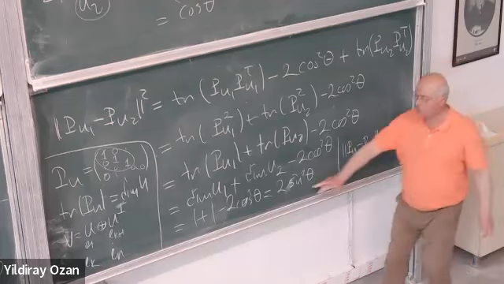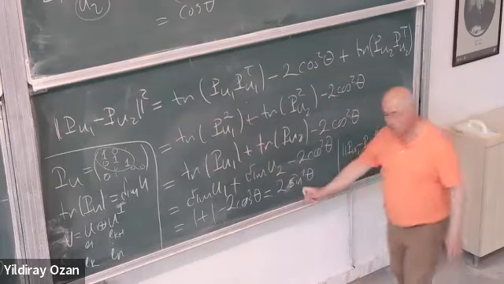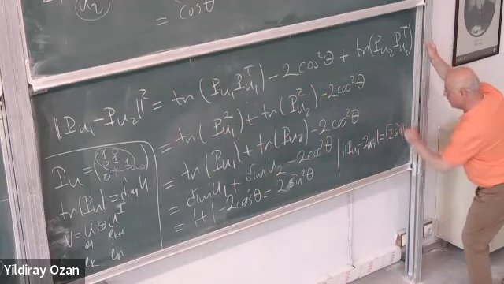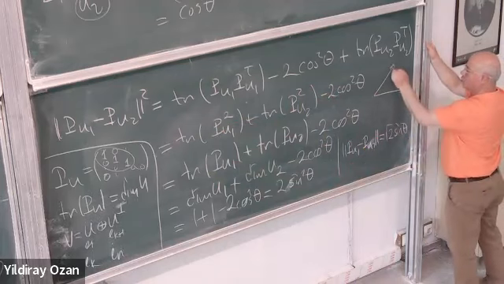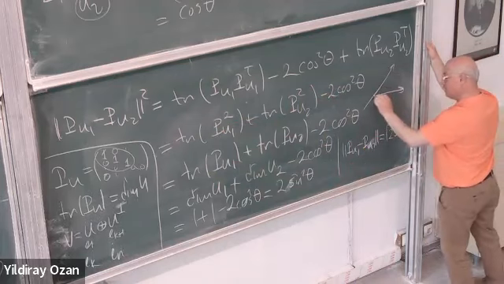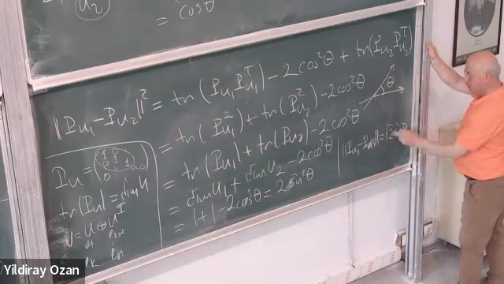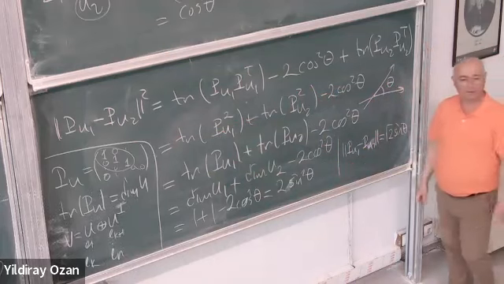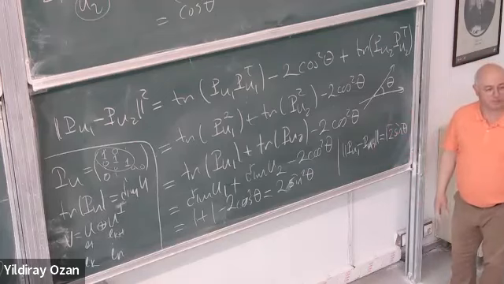It is the square root of this, so it is just root 2 times sine theta. So the distance between these two subspaces, if this angle is theta, is a scalar, root 2 times sine theta. This is one way of measuring the distance between subspaces.